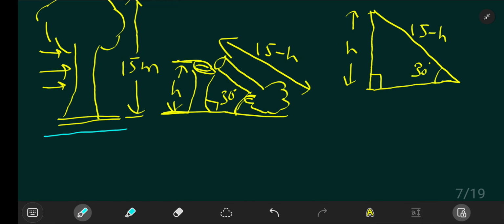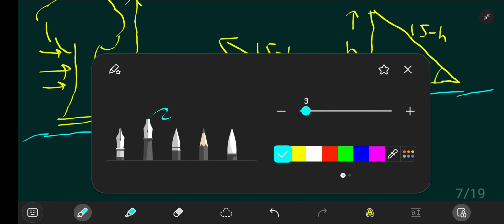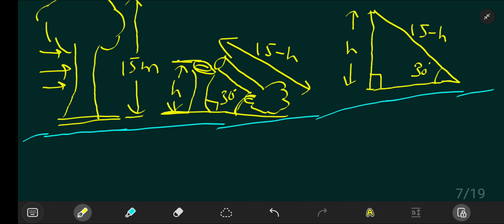By seeing the question, by seeing the given information, you have to select the correct trigonometric function. Here, theta is given, height is asked, and hypotenuse is given.